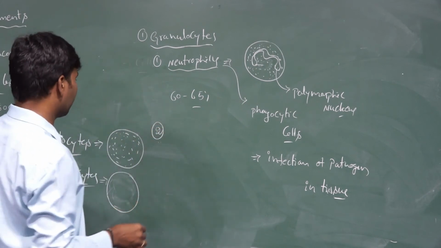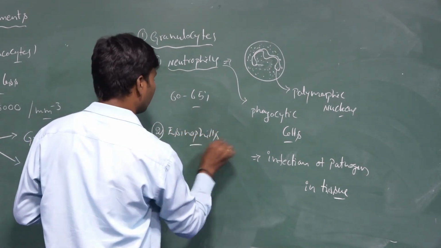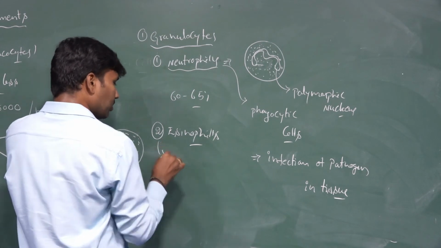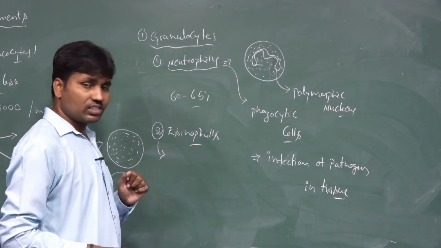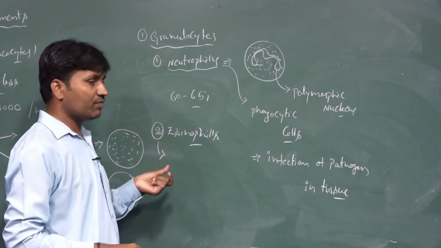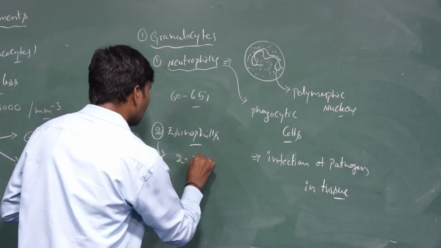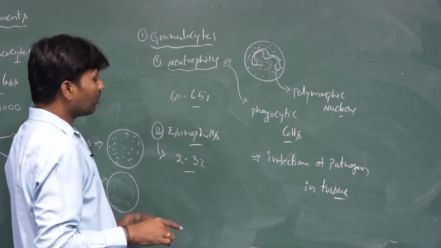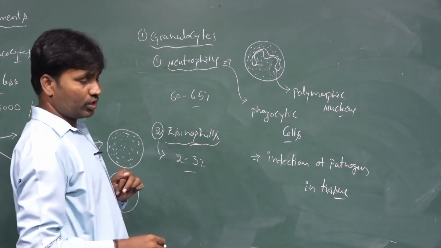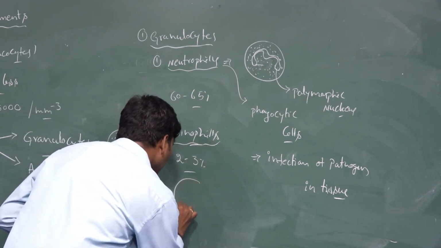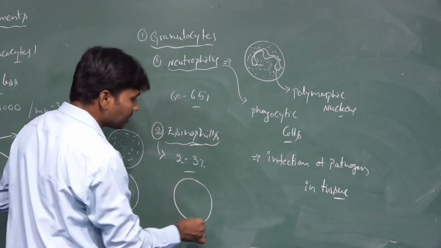The second type of cells are the eosinophils. The stain eosin stains these cells, so they are given the name eosinophils. Eosinophils are 2 to 3% of the total WBC. They are also round circular cells.